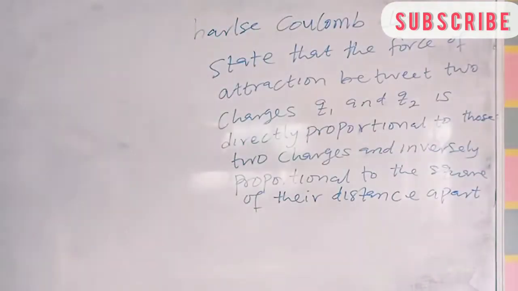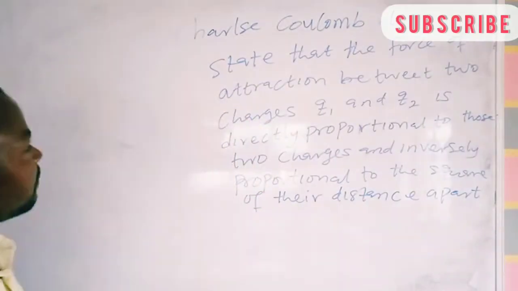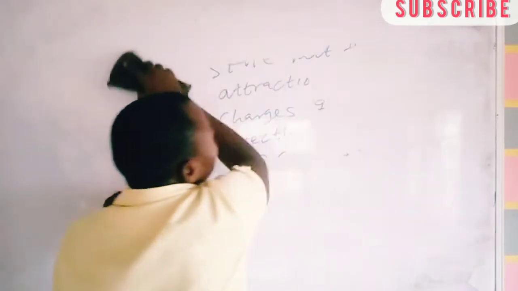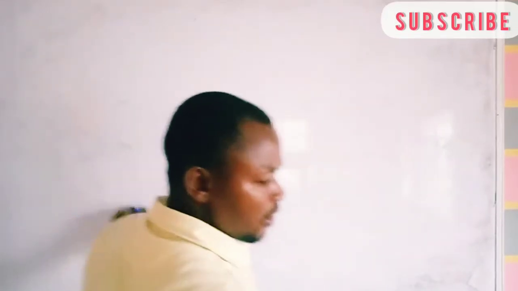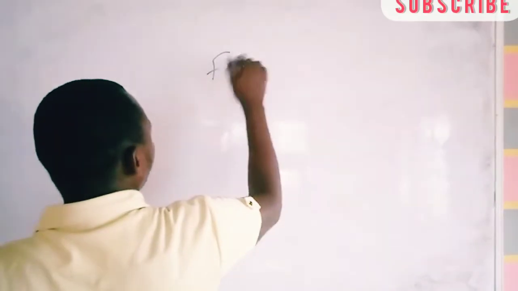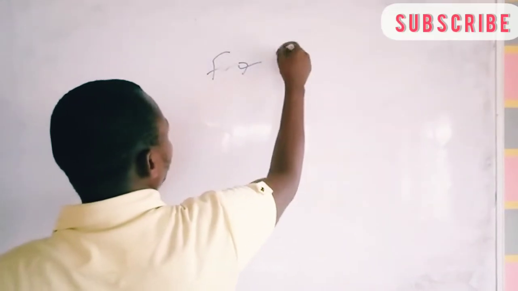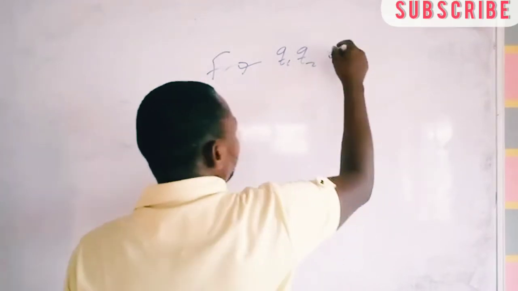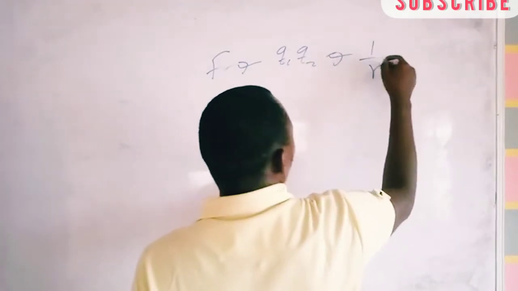Mathematically, it is written as F is directly proportional to Q1 Q2, and inversely proportional to 1 over R squared.